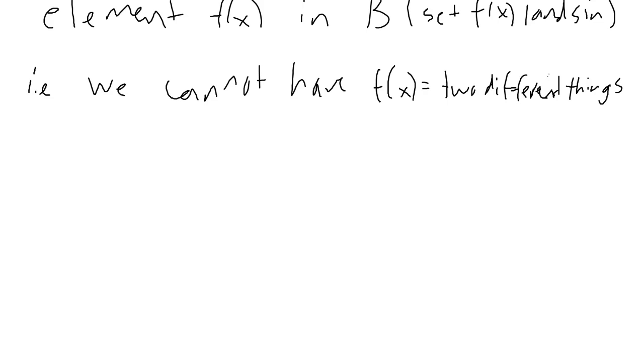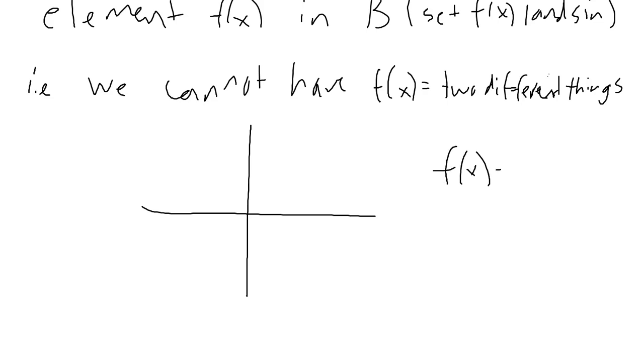So if we had f of x equaling two different things, like let's say we were doing the graph of f of x equals x, but then if we had f of 1 equals 1 or 2.